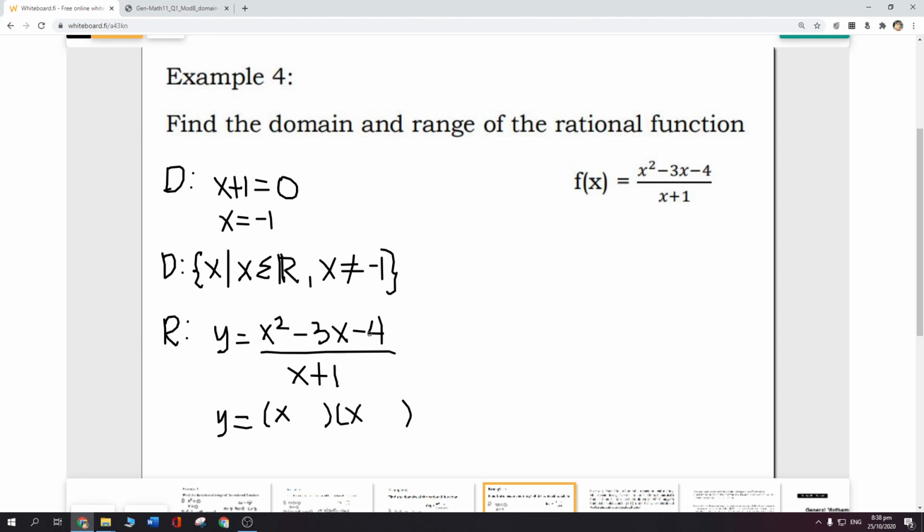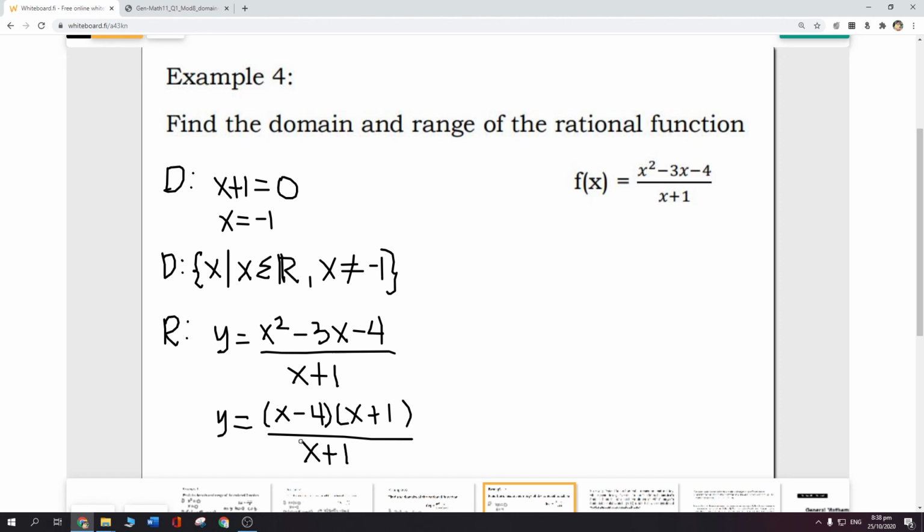Then what are the factors of negative 4 so that the sum is negative 3? We have a negative 4 and a positive 1. Then we have x plus 1.